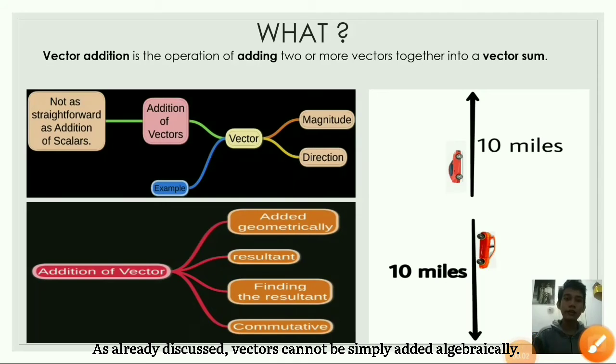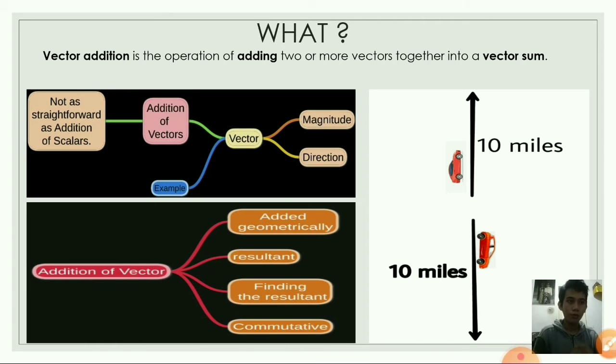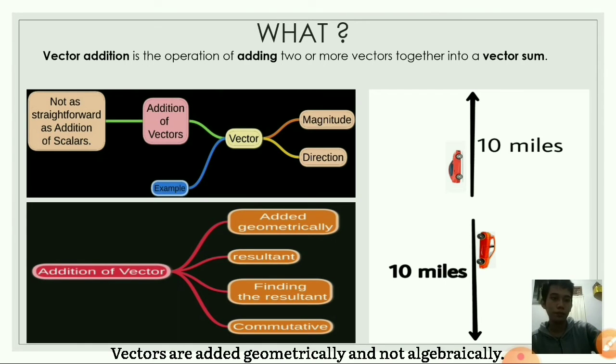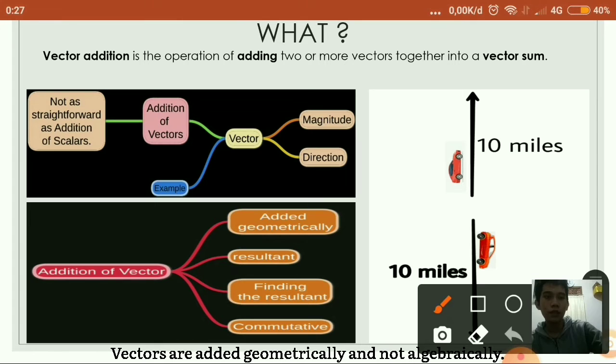As already discussed, vectors cannot be simply added algebraically. Following are a few points to remember while adding vectors. First, vectors are added geometrically and not algebraically.